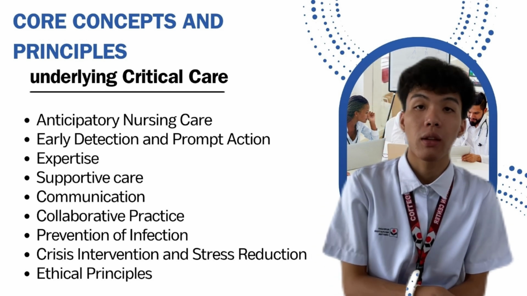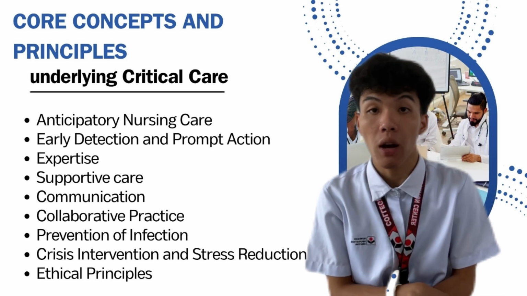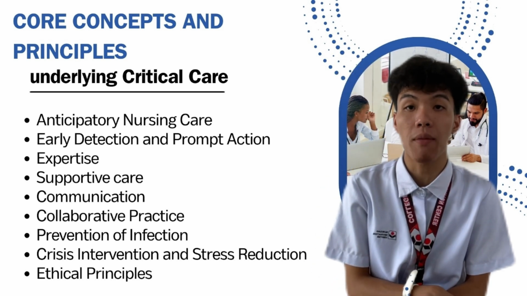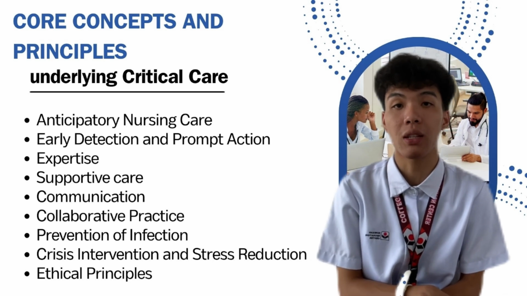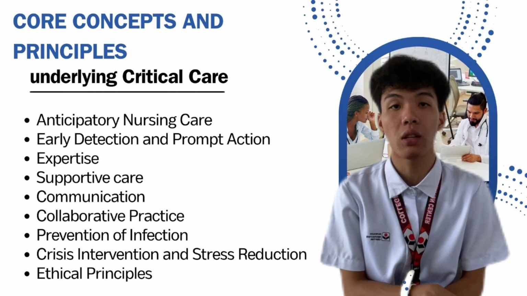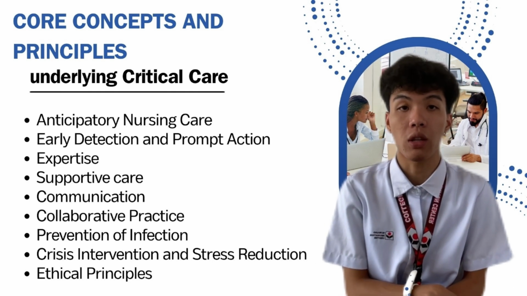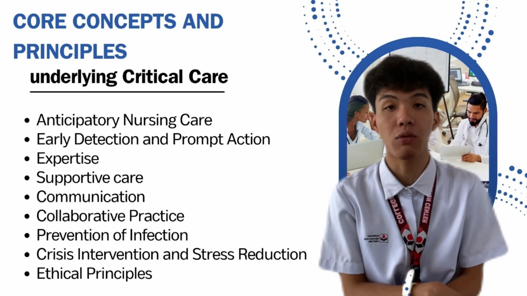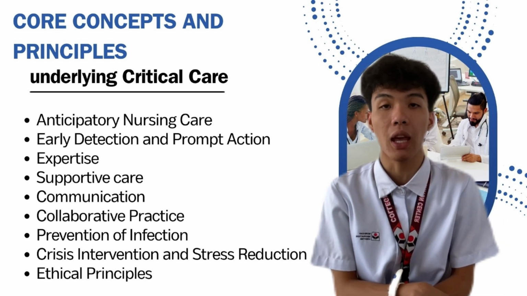Number eight, crisis intervention and stress reduction: managing acute crisis effectively and providing support to patients and families to reduce stress. Example, during a sudden cardiac arrest, a nurse performs CPR and uses crisis intervention techniques to calm a distressed family, explaining the situation and the steps being taken.